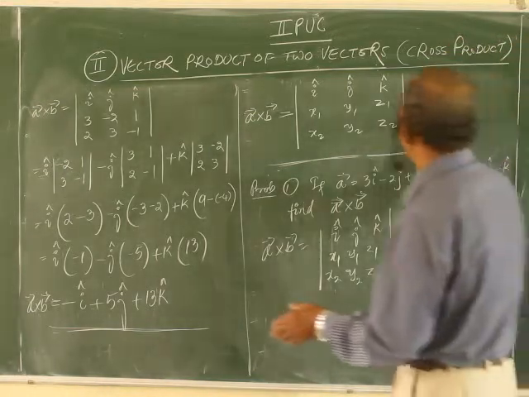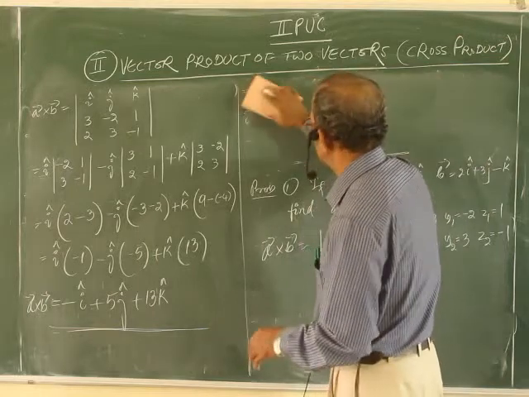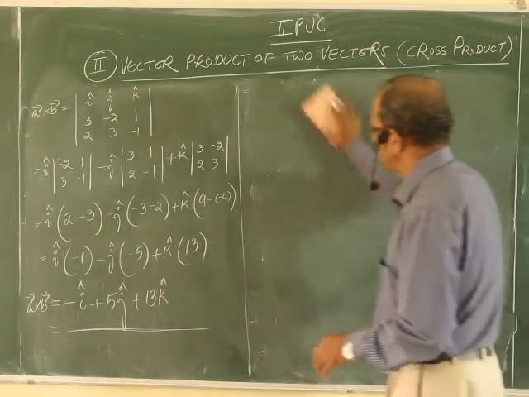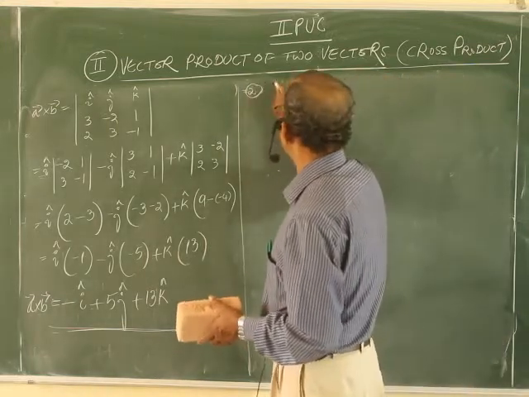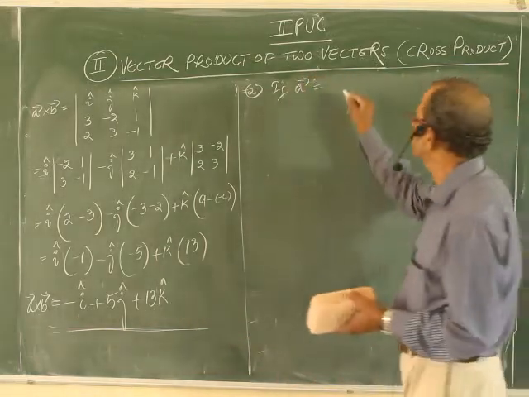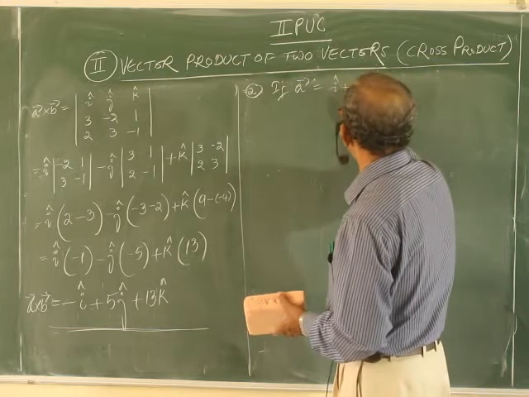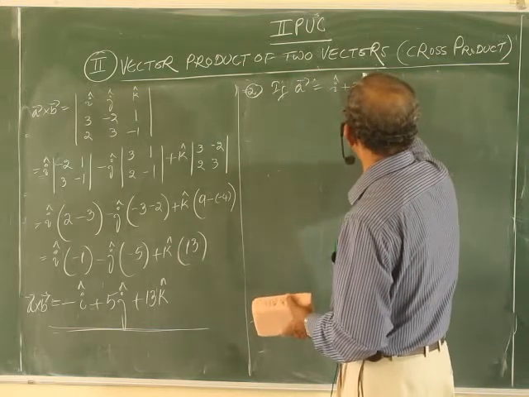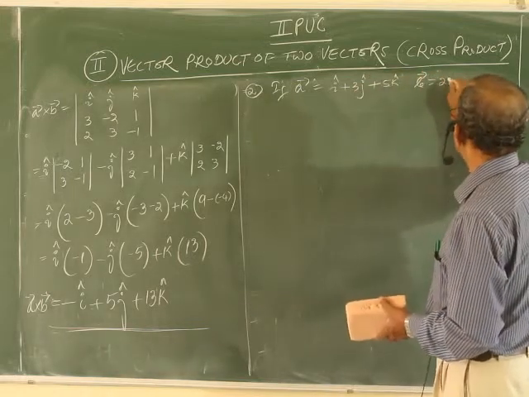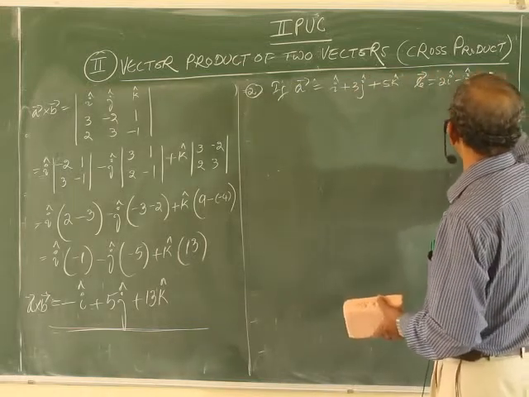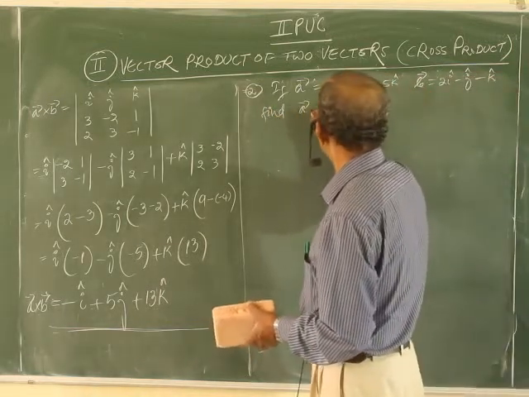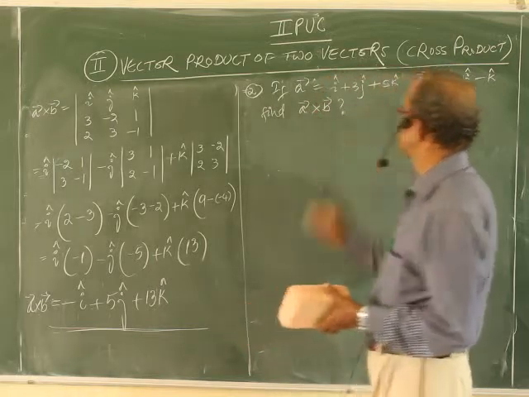Let me take one more. Better to work out one or two examples. Problem number two. If A equal to I plus 3j plus 5k, B equal to 2i minus j minus k, find A cross B. Same question.